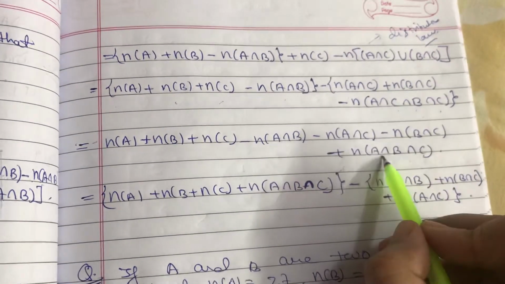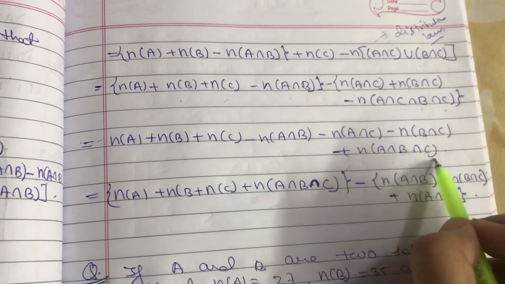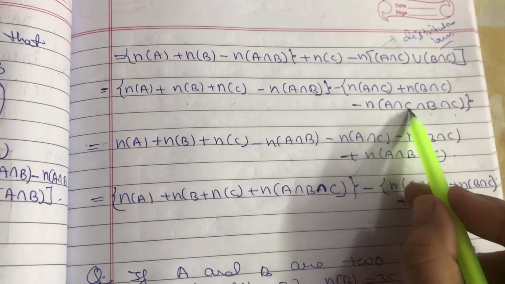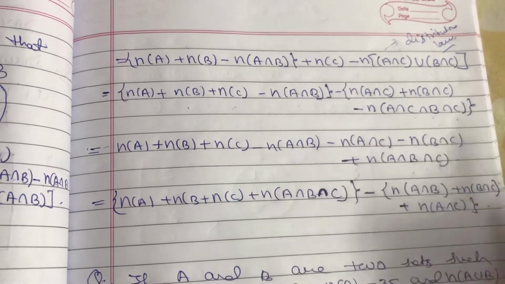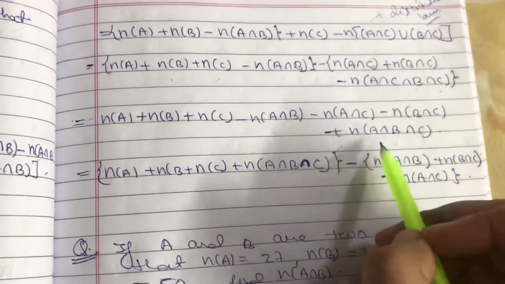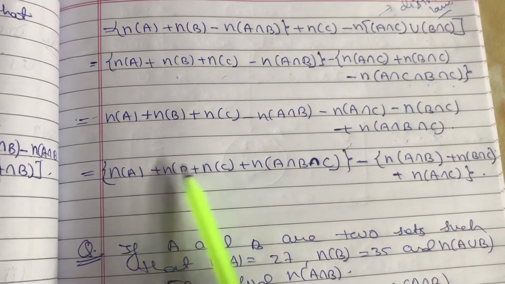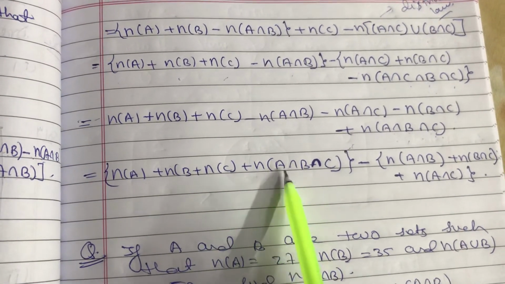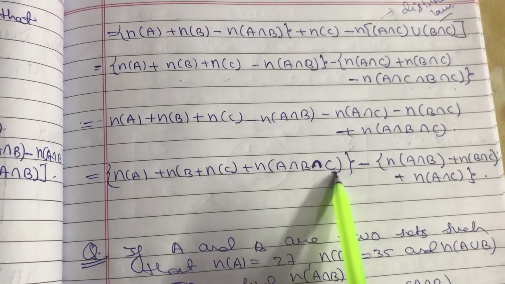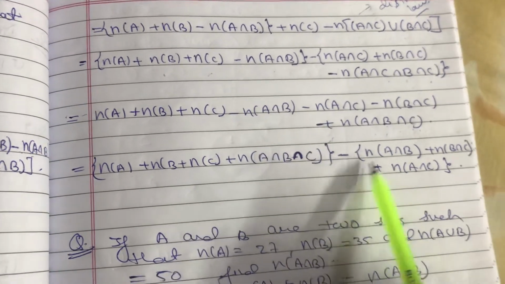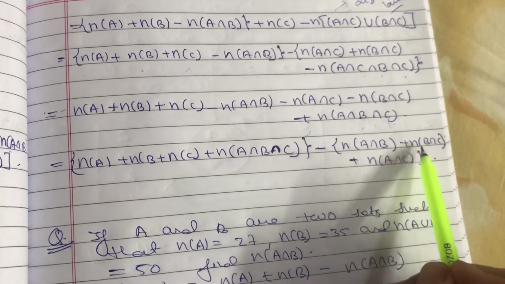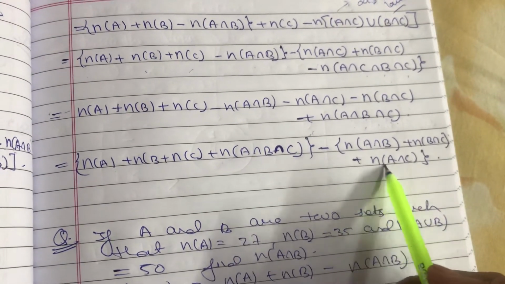So it will be A intersection B intersection C. It doesn't matter whether it is written twice or thrice, it will be C only. So on solving this, if I write it under the bracket, I'll get n of A plus n of B plus n of C plus n of A intersection B intersection C. This I have moved here, minus n of A intersection B plus n of B intersection C plus n of A intersection C.